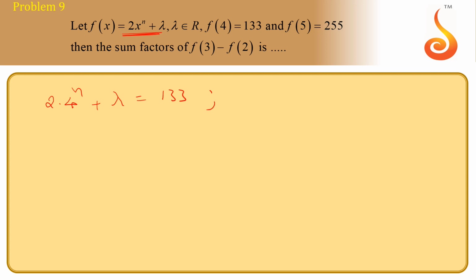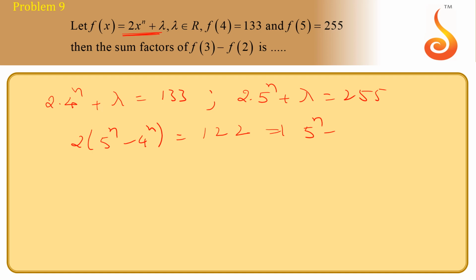What is f of 5? 2 into 5 power n plus lambda, which is given as 255. Suppose I subtract these two, so 2 into (5 power n minus 4 power n) is how much? 255 minus 133, which is 122. So for 122, this 2 gets cancelled, so 5 power n minus 4 power n, how much are we getting?